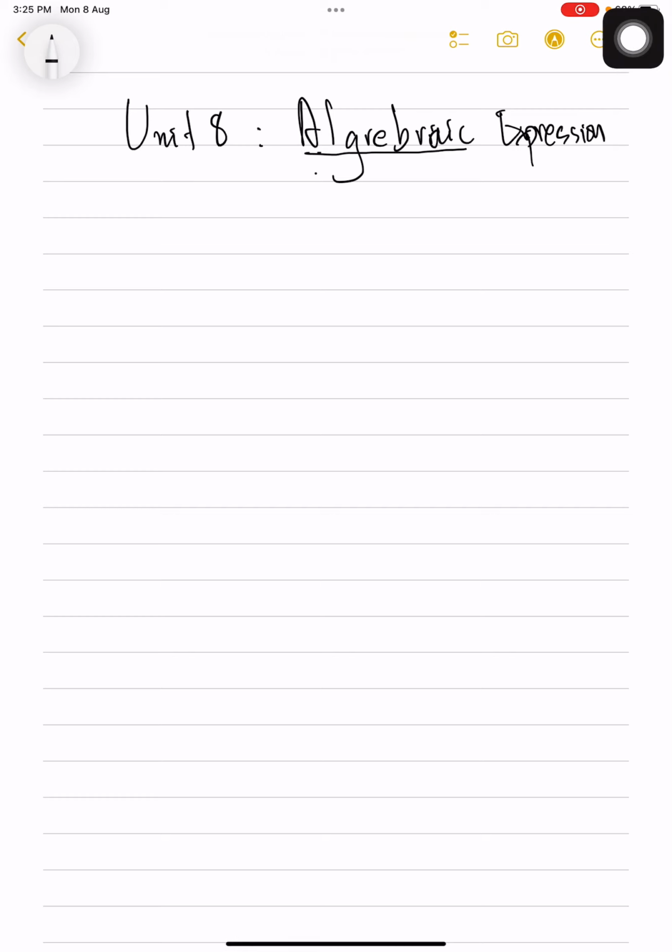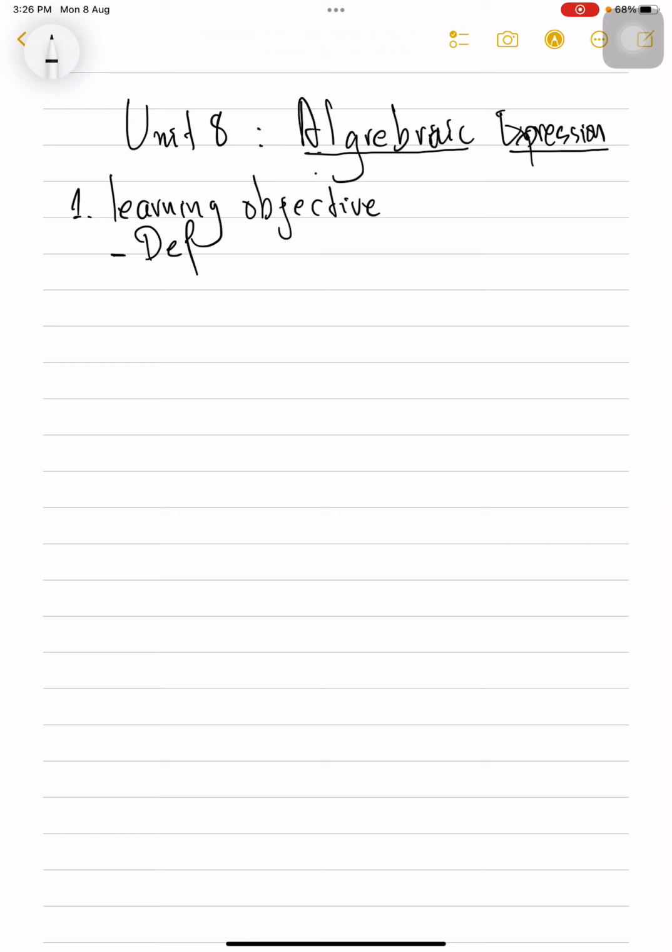After we learn the lesson, the first one is: we define clearly about the algebraic expression.